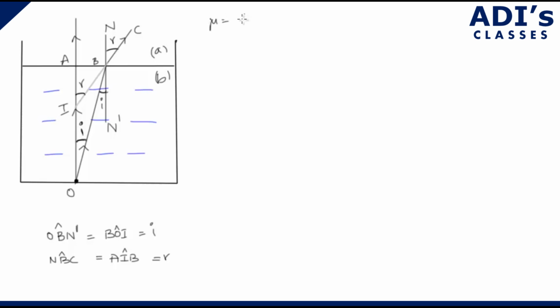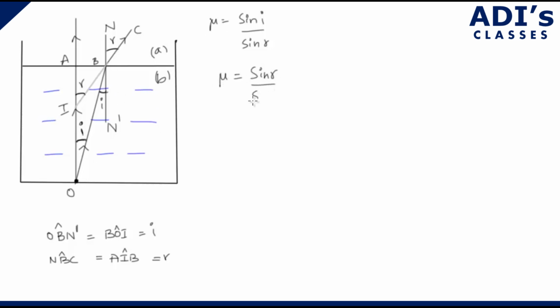By Snell's law we have mu equal to sine I divided by sine R, correct? This is the case where the light ray is moving from a rarer medium to a denser medium, but here it's the opposite. The light ray is moving from a denser to a rarer medium.